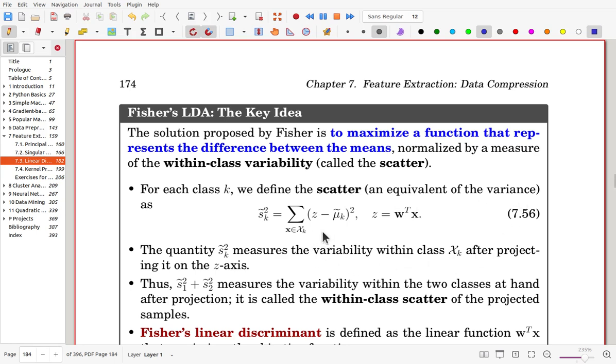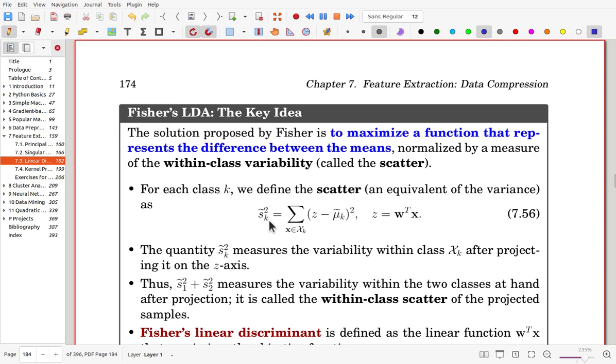Here is the mean of the projected points, and here is the individual projection. The difference is squared and added. So it is a sort of variance in each class.